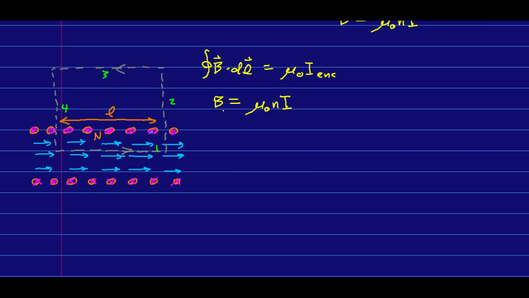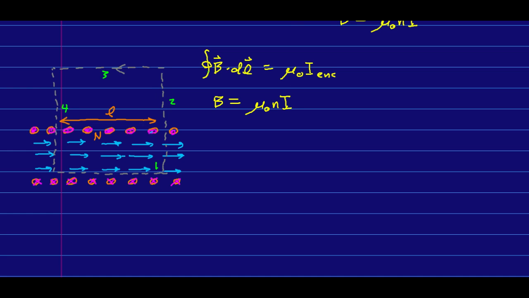And I just want to close off with some further comments about the choice of this Amperian path and what the choice tells us. So notice that if I move the line 1 arbitrarily down here, but it's still inside the solenoid, well, I haven't changed the encircled current.